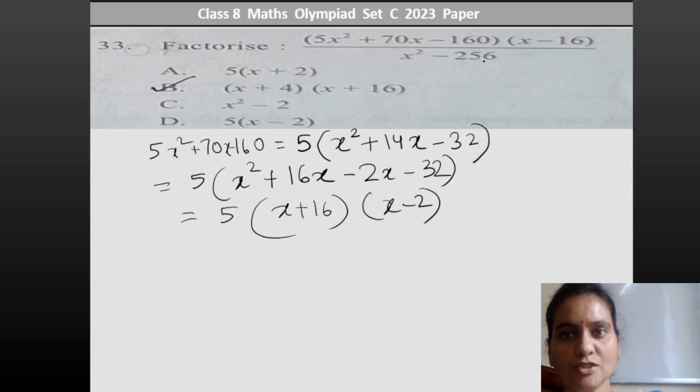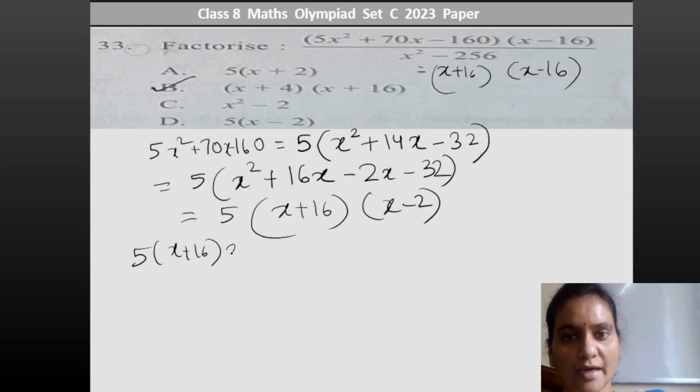Now if you see x square minus 256, is it not equal to x plus 16 into x minus 16? Yes, it is. So now I'll write this entire numerator first. Instead of 5x square plus 70x minus 160, I'm going to write 5 into x plus 16 into x minus 2, and then we have this x minus 16 here.